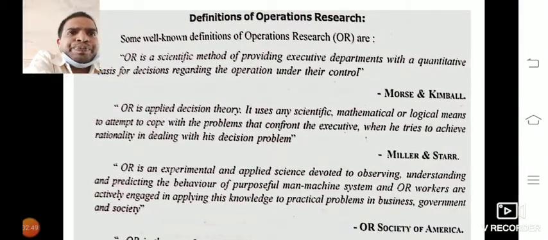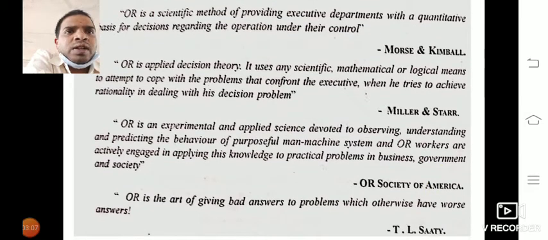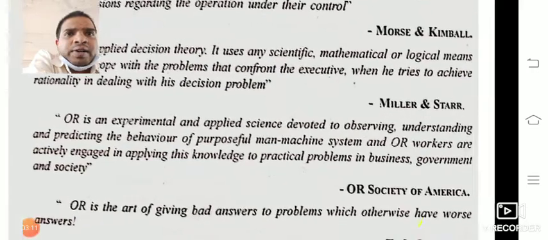Again, he also concentrated on the decision making process, how it helps in decision making by using scientific and mathematical principles. And the third one is the OR Society of America.